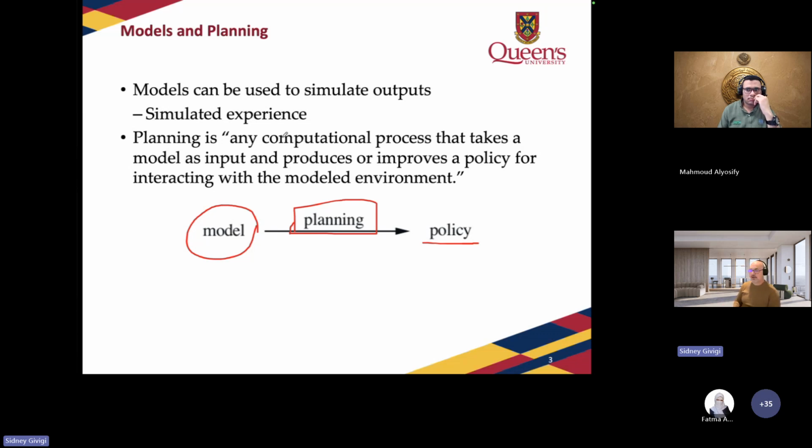For example, there is a technique called A star, where from a particular node on a graph, you can find the best way to reach another node in the graph. That's predicated on the fact that we have this representation of the environment that exists a priori.